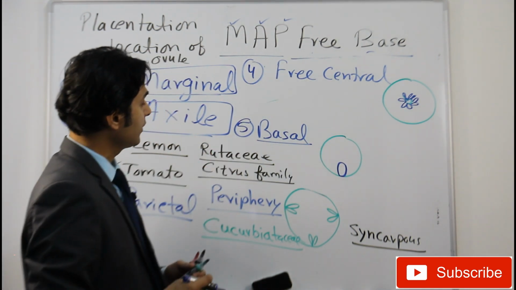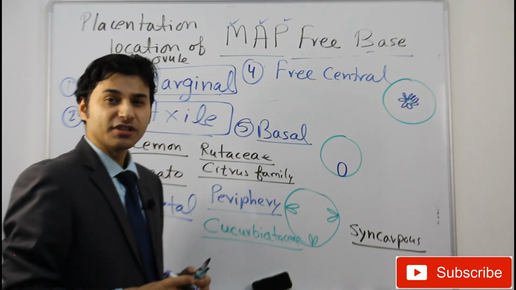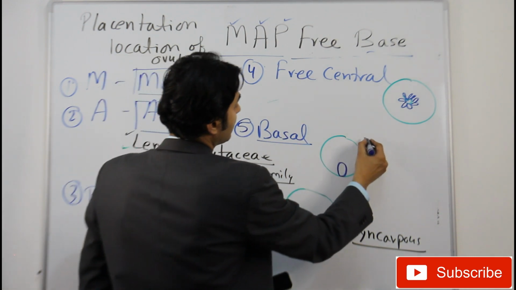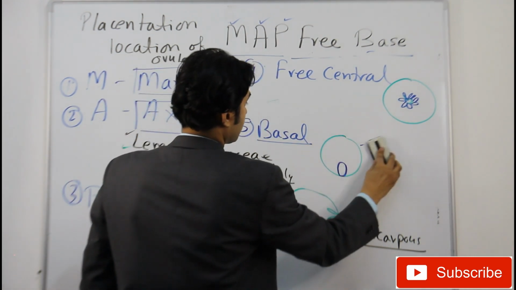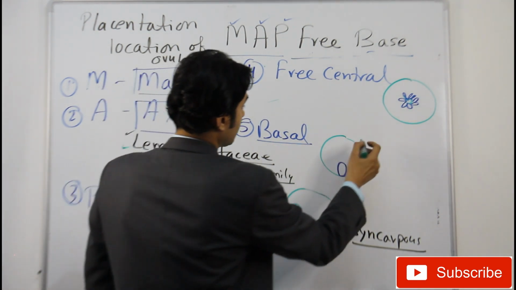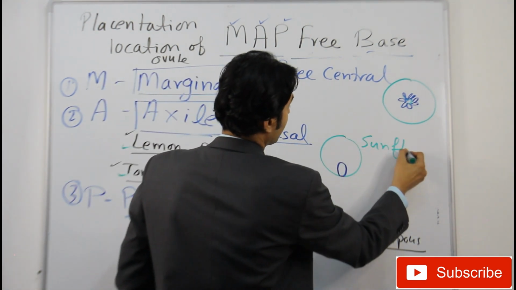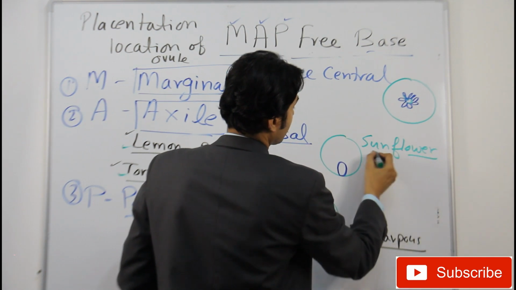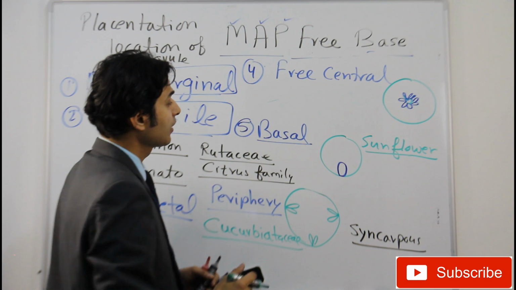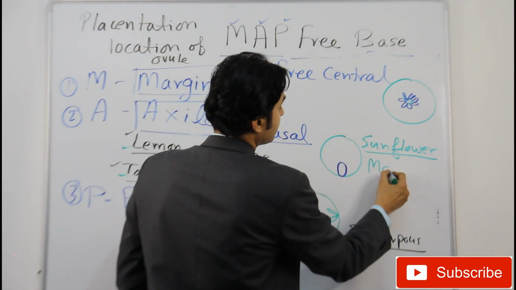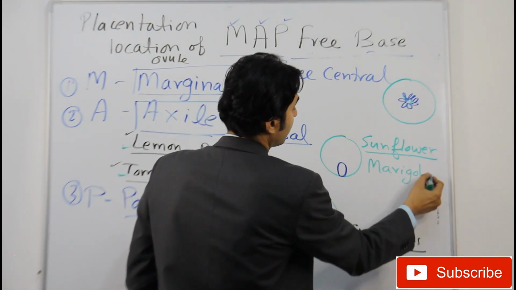This type of basal presentation is found in sunflower plant, scientific name Helianthus annuus, and marigold.